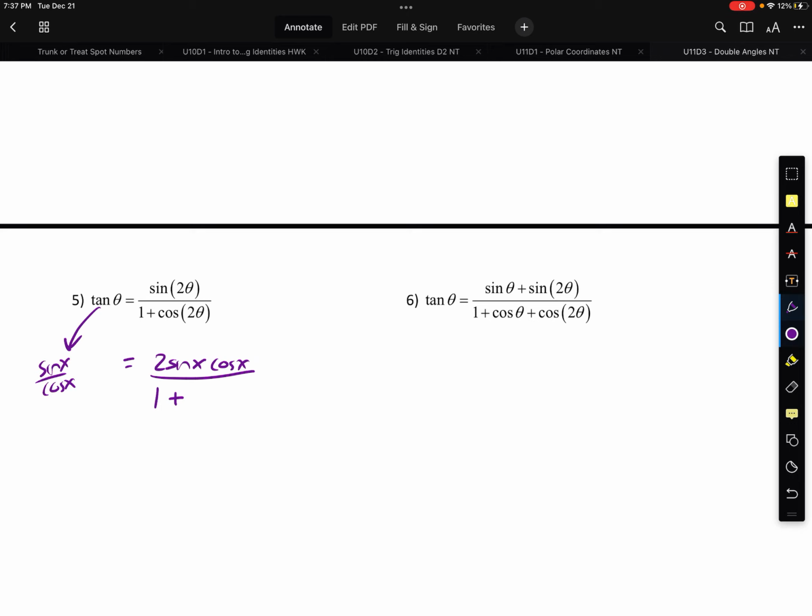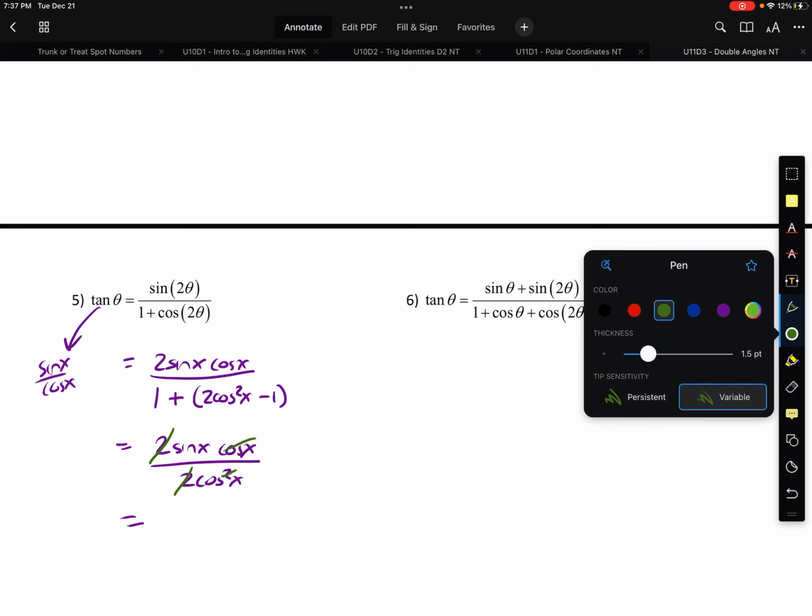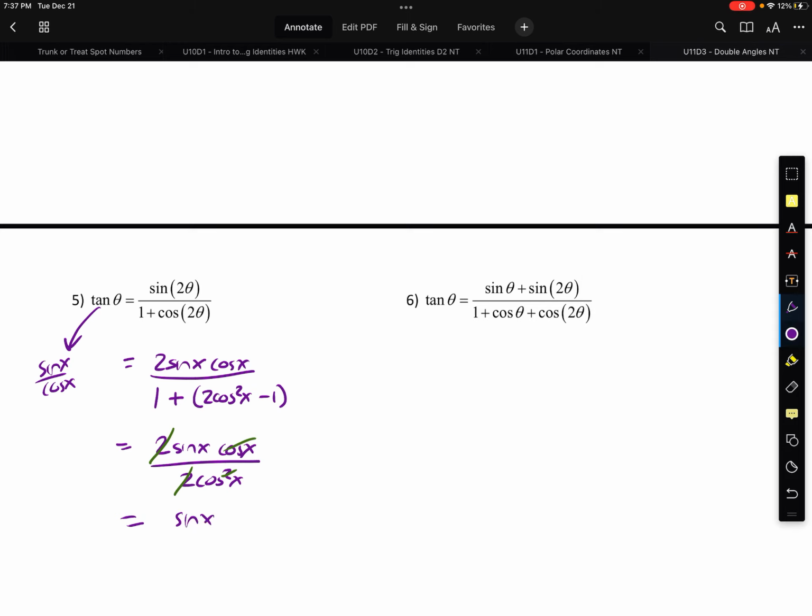So if I have my options for the cos double angle here, I'm going to go with the cos one because I want to make sure I have a cos in my denominator. 2 sine x cos x. I have my 1's cancel. I got 2 cos squared x. Cancel the 2's. Cancel the cos. I got sine x over cos x, which is tan x.